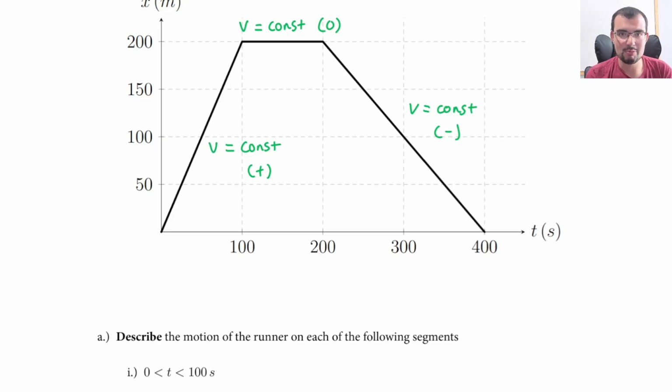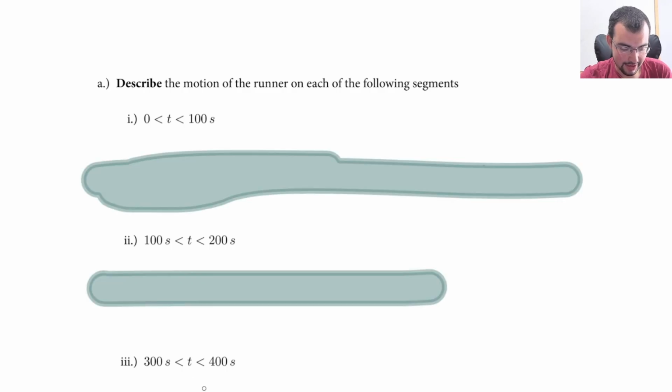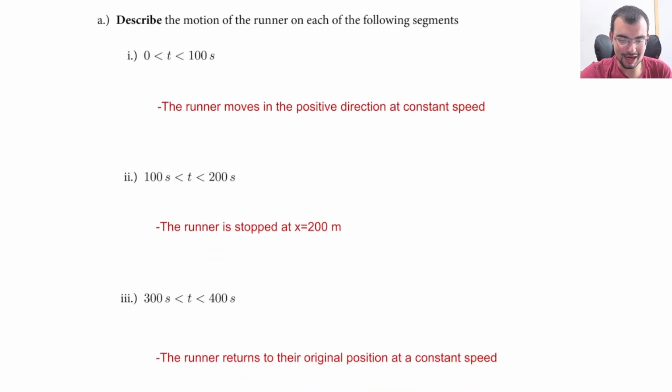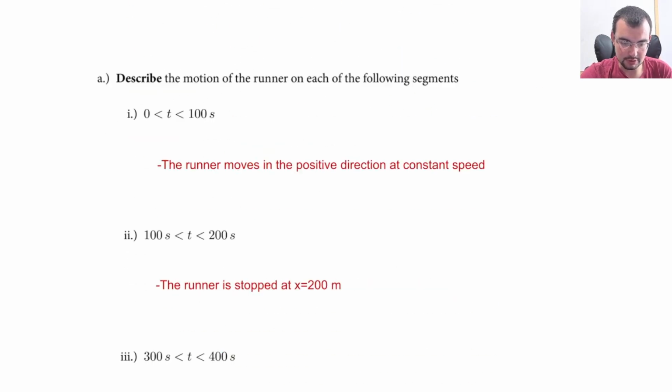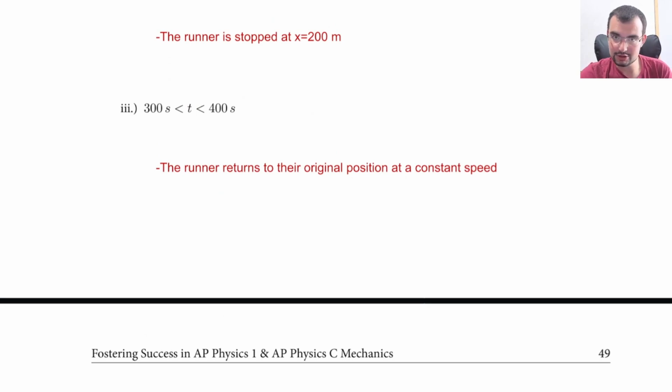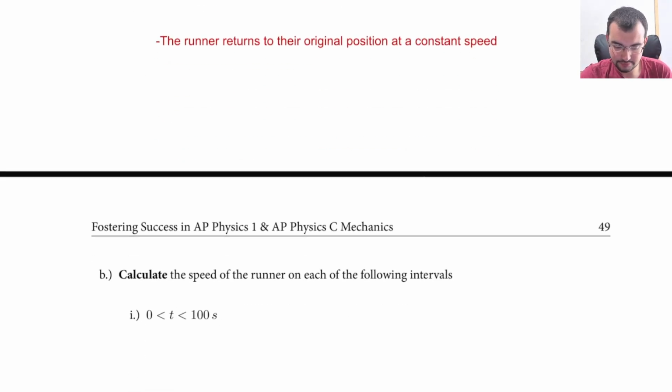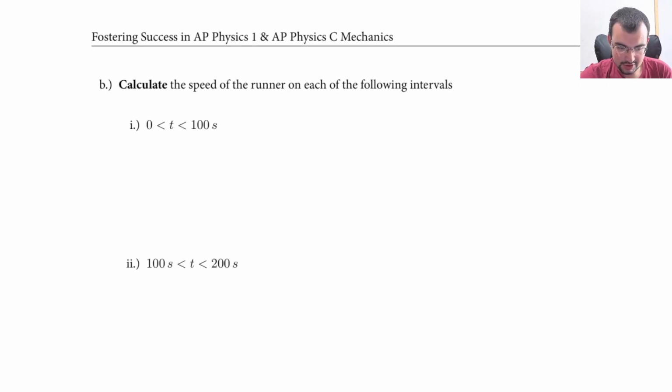If you're making a story out of this, the runner sprints for 100 seconds, then they get tired and just take a break, and then they jog home at a lower speed. So that's what I have here. Runner moves in the positive direction at constant speed. Then the runner is stopped at their position of 200 meters. Then they return to their original position. So something like that. So now let's calculate the speed.